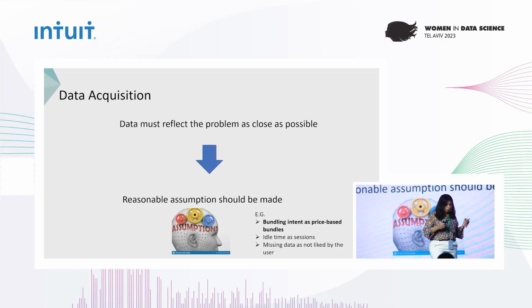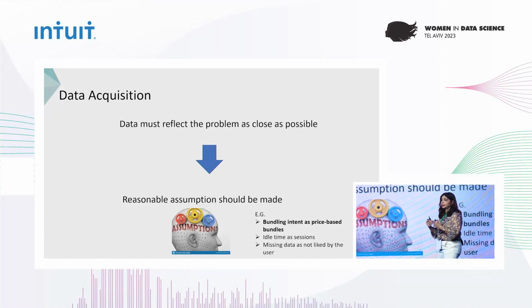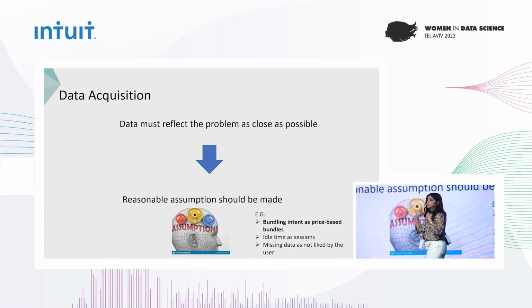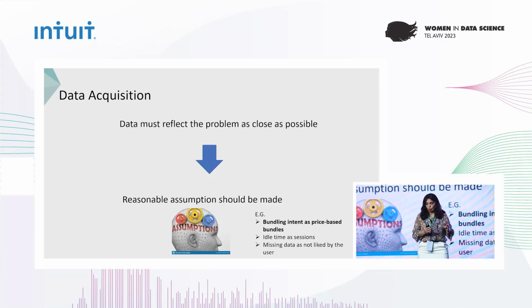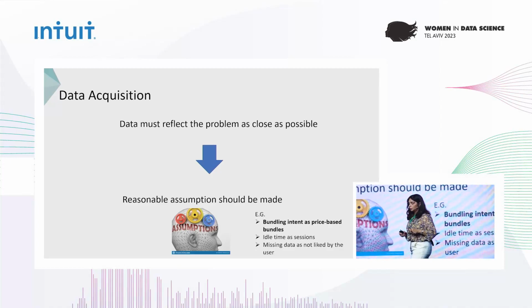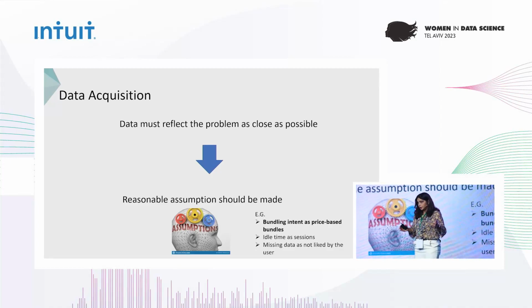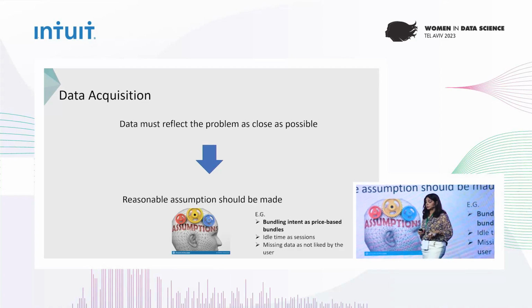So what you do, if you don't have the exact same setting of the data, you need to have all kinds of reasonable assumptions. For example, in session-based recommendation, when we recommend based on the current session of the users, and we don't have indication of the end of the session, one reasonable assumption would be to look at the idle time of the user and then to set an indication of the end of the session.